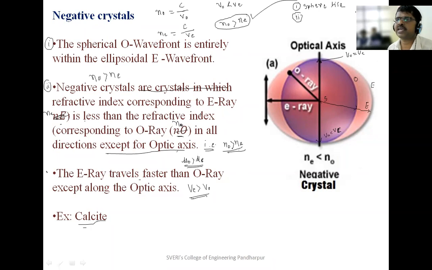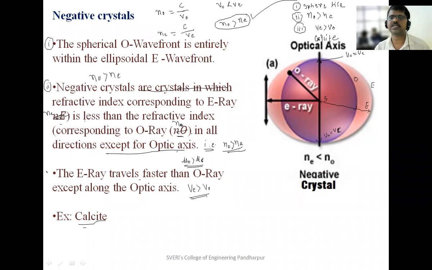Second point, relation between N0 and Ne: N0 is greater than Ne. Third, V is greater than V0. आणि example: calcite.